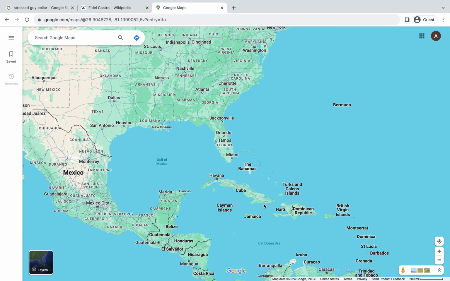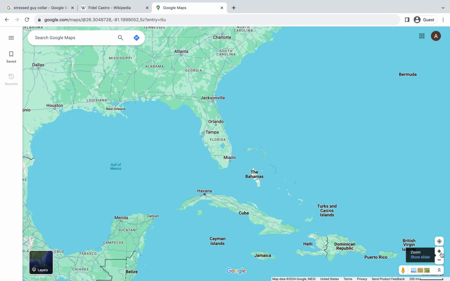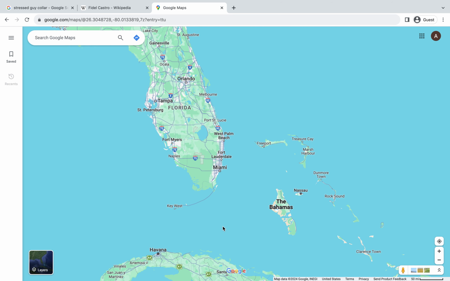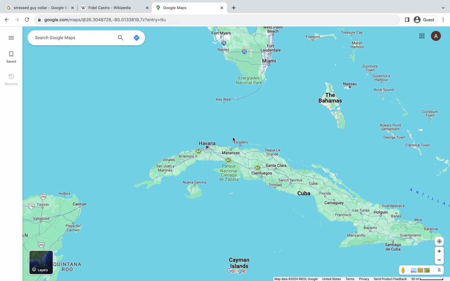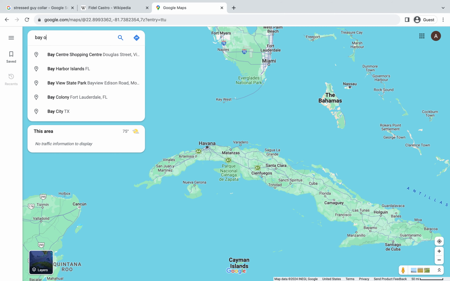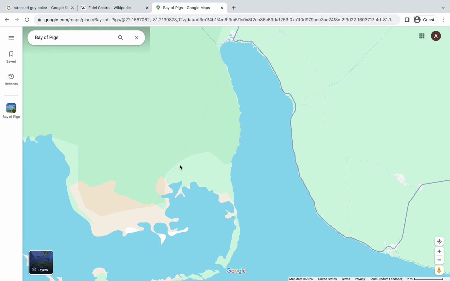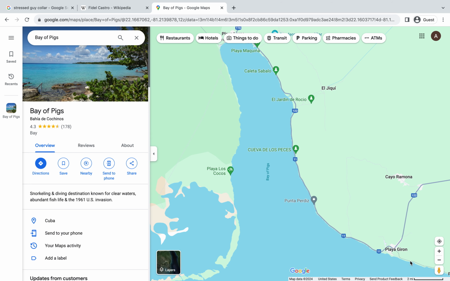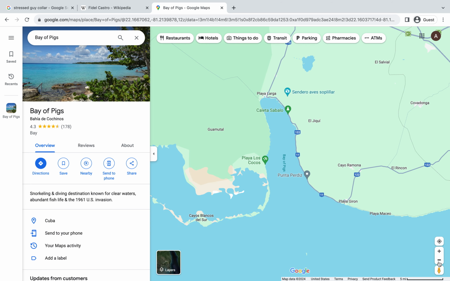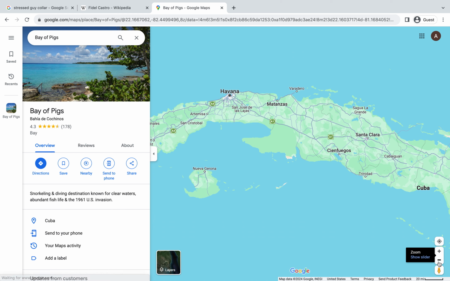There's a bit of backstory when it comes to this specifically, and I'll just run into it here real quick. So if we zoom in on Cuba, I believe the Bay of Pigs is right around here. Let me take a look real quick. Oh, no, okay, I was actually wrong. I'm not into my Cuban geography as much as I should be.